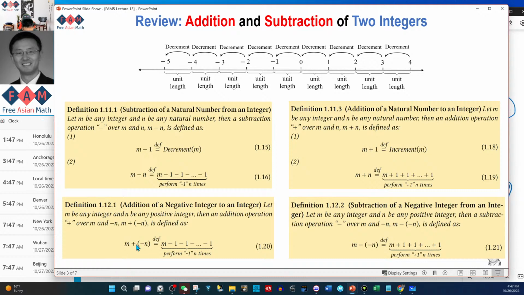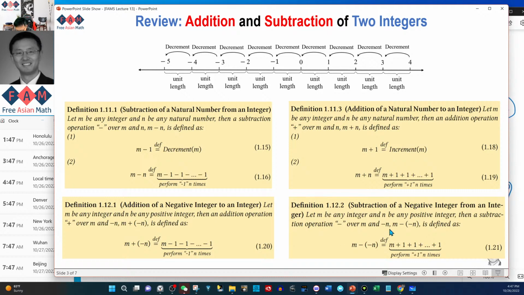When we do m plus a negative integer, it is essentially the same as subtracting a positive integer in the first place, because the definitions are all the same. So we perform m subtracting 1, subtracting 1, subtracting 1, n times.